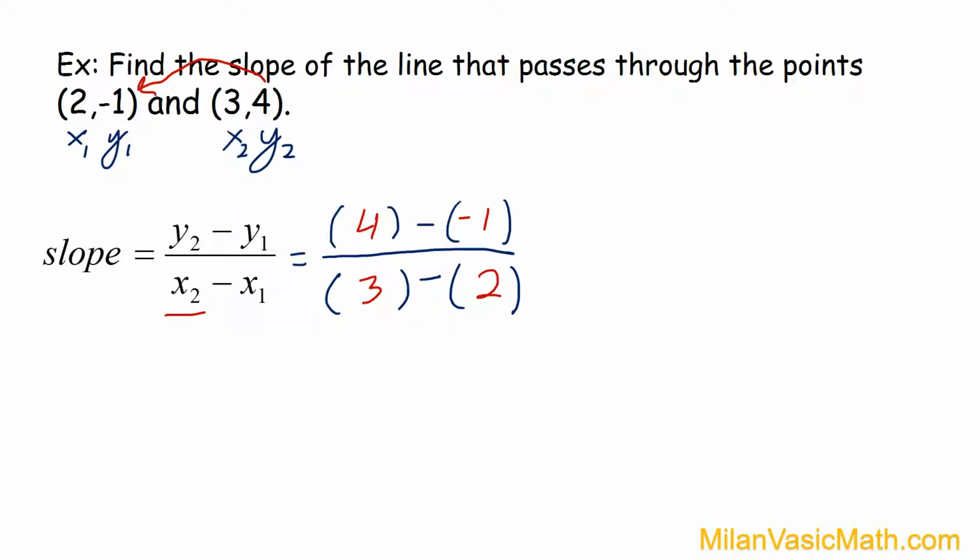I'm following the same direction as before. 4 minus -1, well, keep, change, change. So that becomes plus. So we end up getting 4 plus 1 is 5, divided by 1, equals 5. So our slope is 5, the same as the answer we had with rise over run.